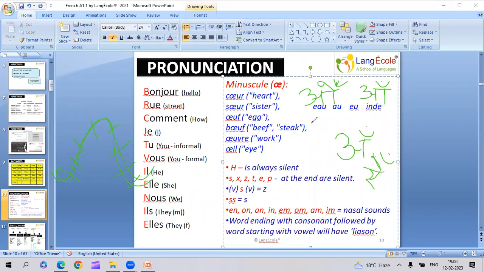Then they introduced the concept of accents, which I will be teaching you next, to compensate for some of the sounds of the universe that they lacked. Instead of introducing new vowels, they have introduced other things to compensate, right?